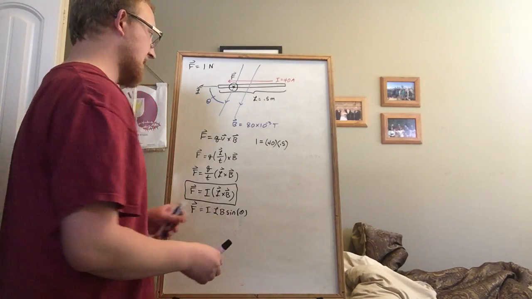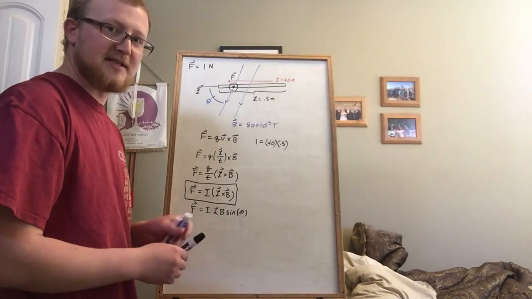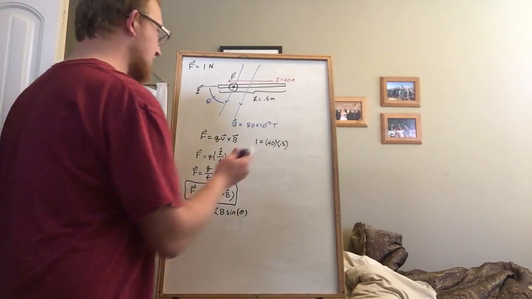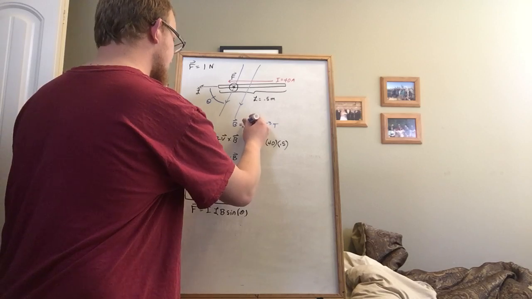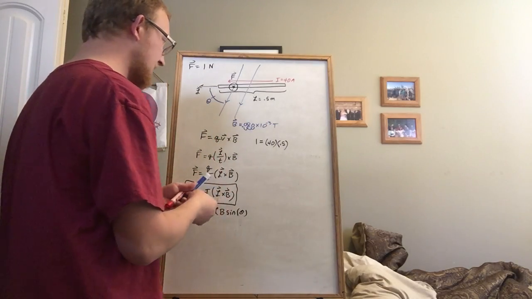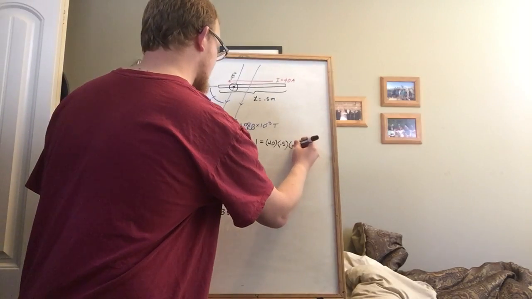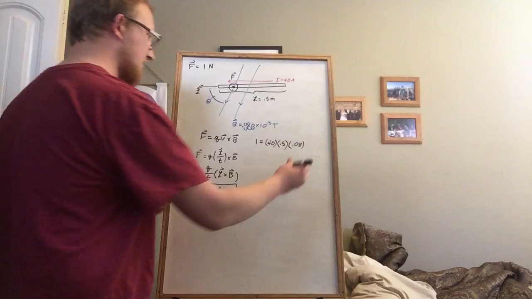Times the B field strength in Tesla, which is 80 times 10 to the minus 3. Why not just convert this right now and move the decimal 3 places to the left? So now we just have a B field of strength 0.08 Tesla, and all of that is going to be multiplied by sine theta.